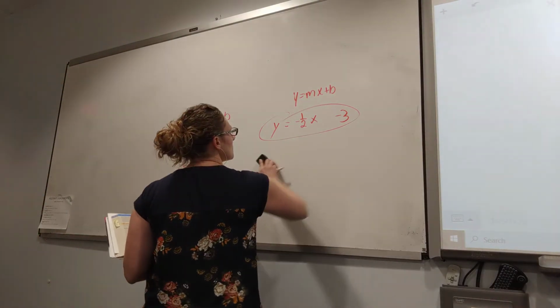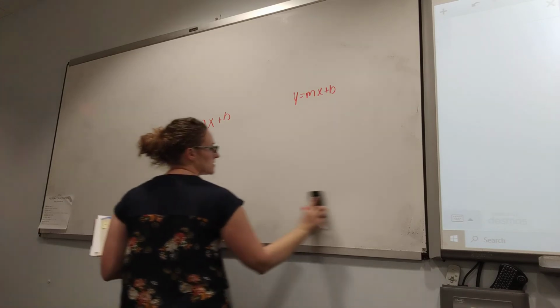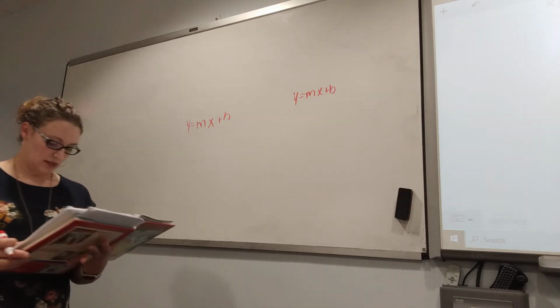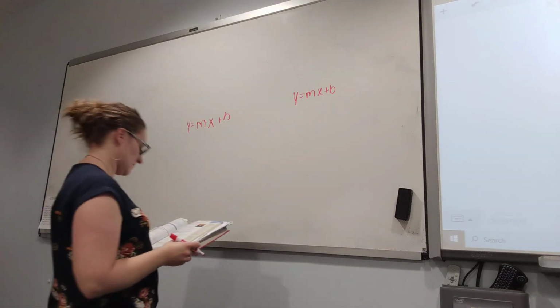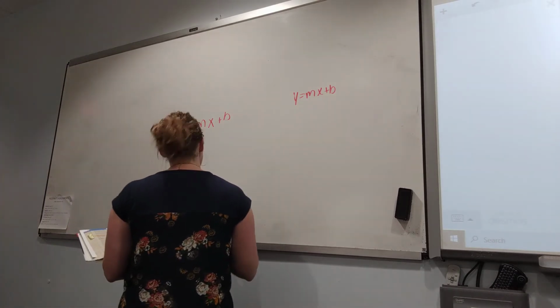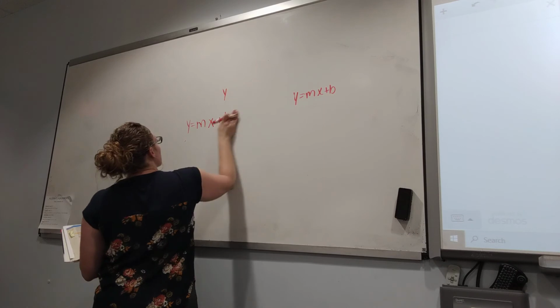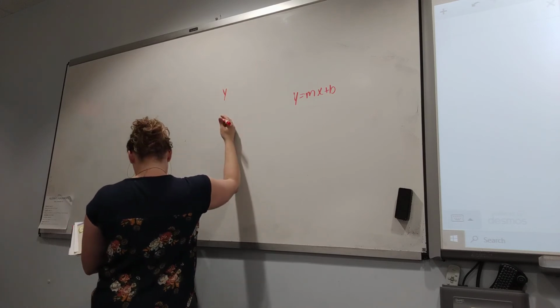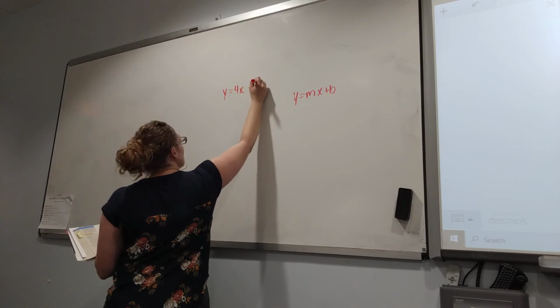I'm going to keep my y equals up there so I don't have to write it a million times. So they give you y equals 4x minus 7.